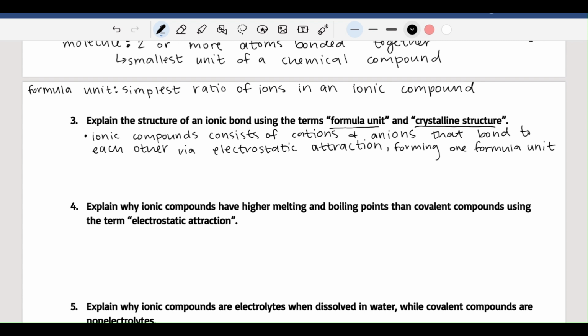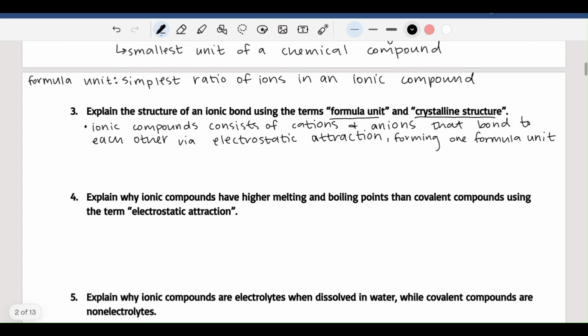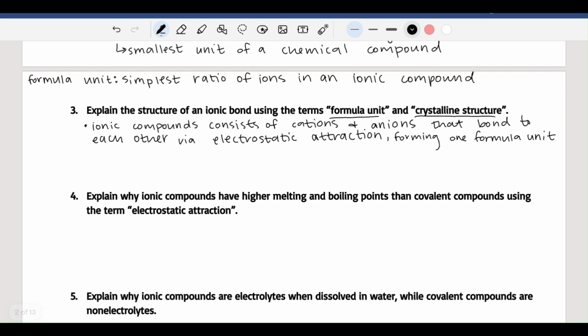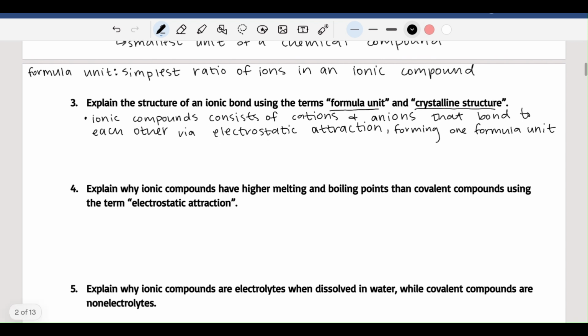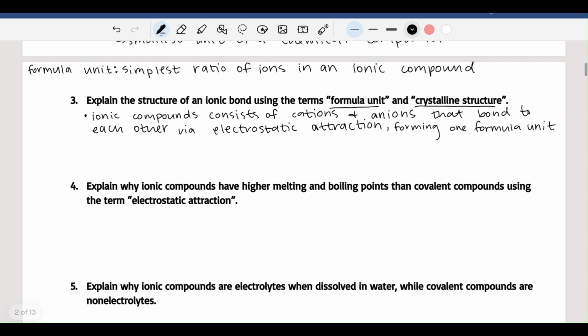And we will come back to this in a minute when we talk about writing formulas, but just so you have the definition right here. And we will get the electrostatic attraction definition in this next question. So multiple of these, still talking about the structure, multiple of these formula units.